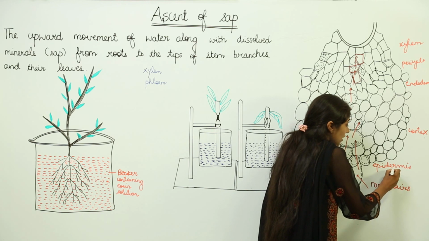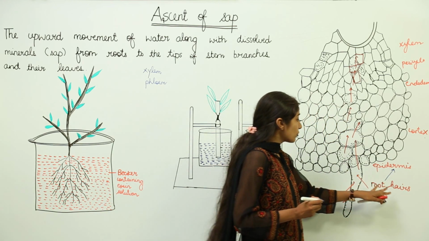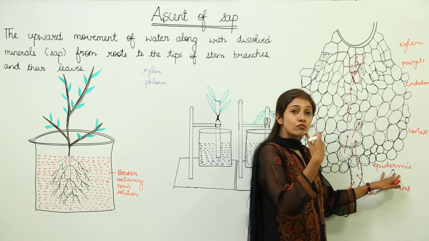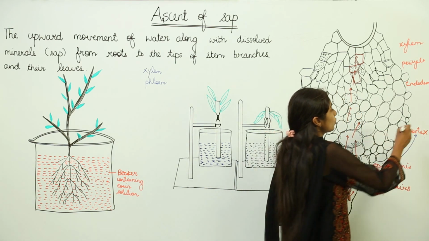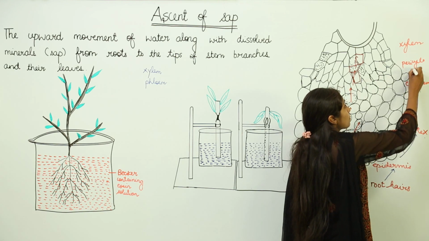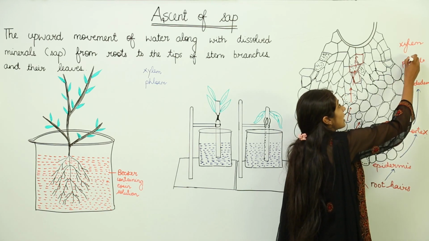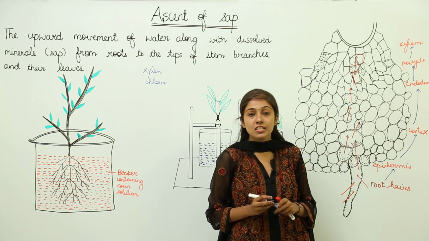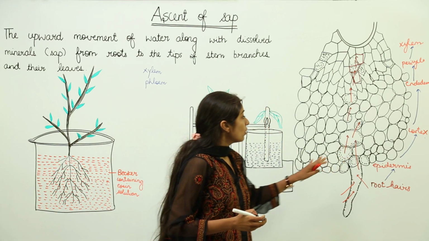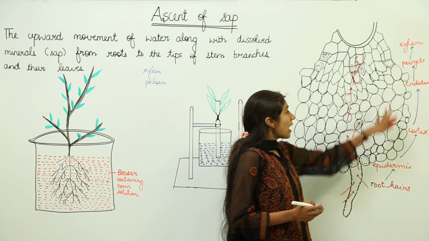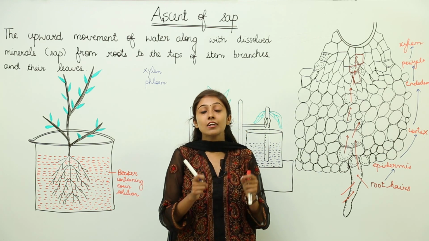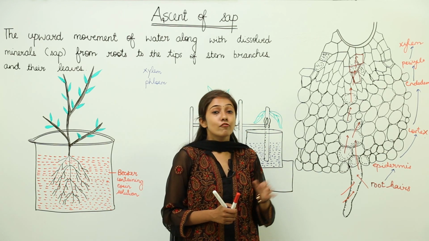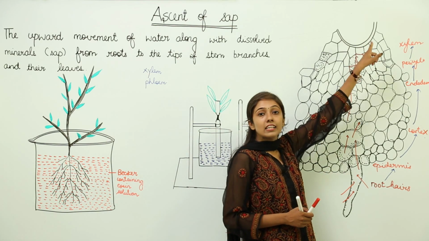This is how you can make a flow chart out of this. From root hairs to epidermis, from epidermis to the cortex, from cortex to endodermis, endodermis to pericycle and from pericycle to xylem. So this is how you will demonstrate the path of ascent of sap, means how the water and minerals are conducted from roots to the xylem vessels.